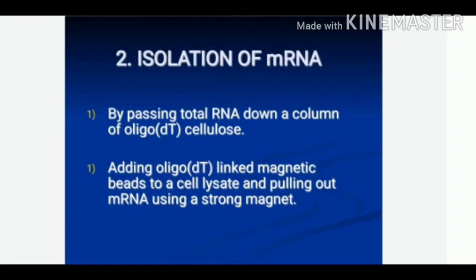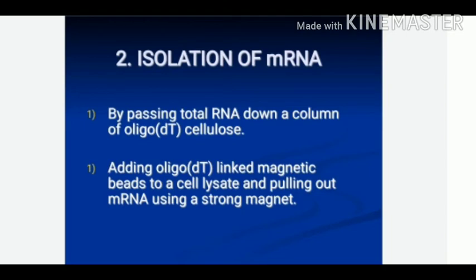In this particular step, the total RNA which has been extracted in the first step is passed down a column of oligo-dT cellulose. As we very well know, the eukaryotic mRNA has poly-A tail at its 3' end, as we can also see in the diagram, it binds to the oligo-dT matrix.